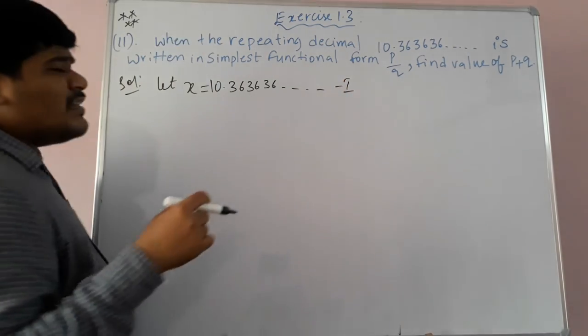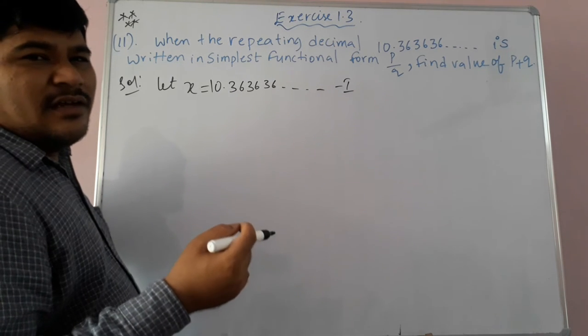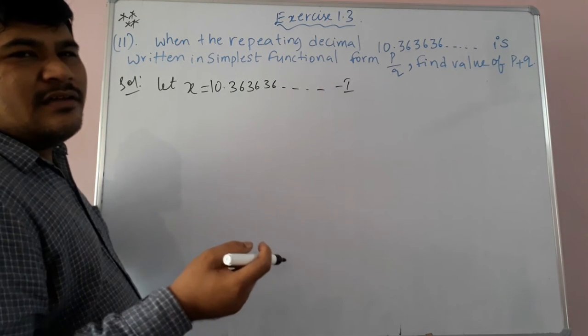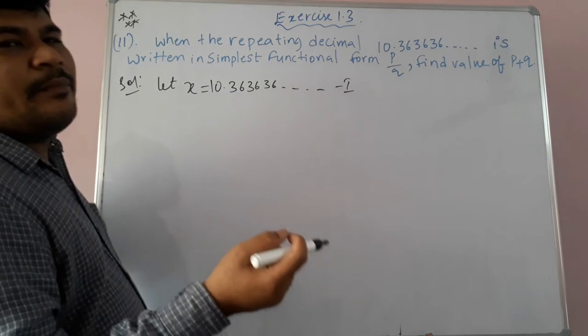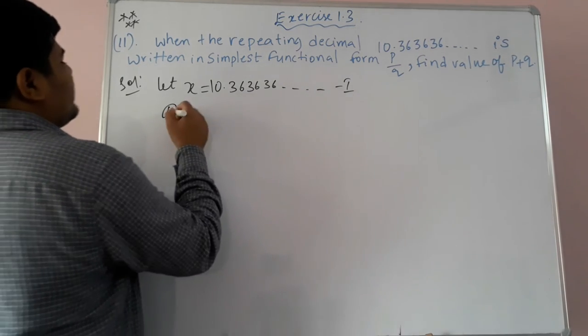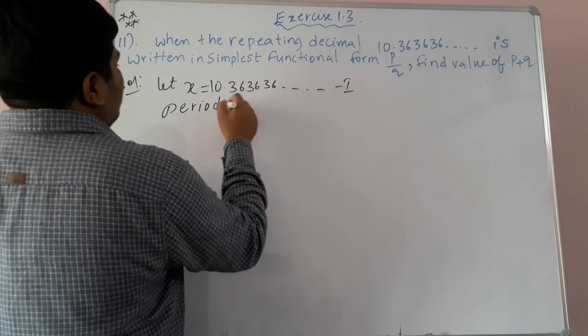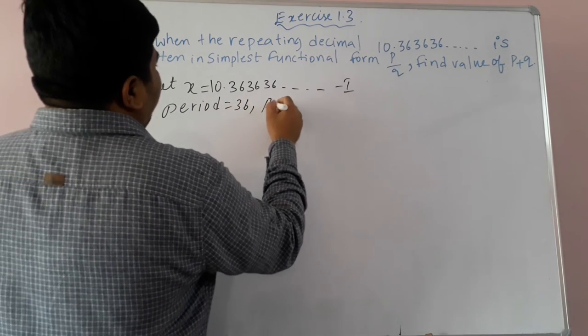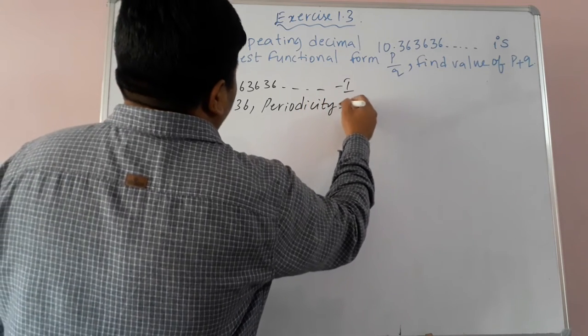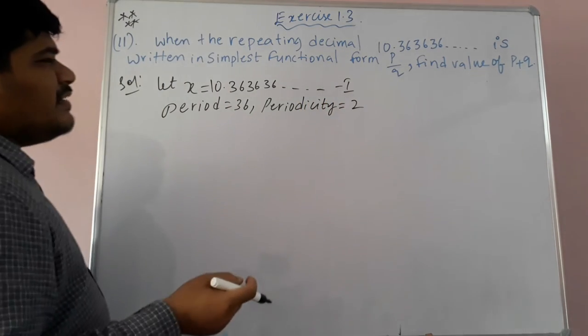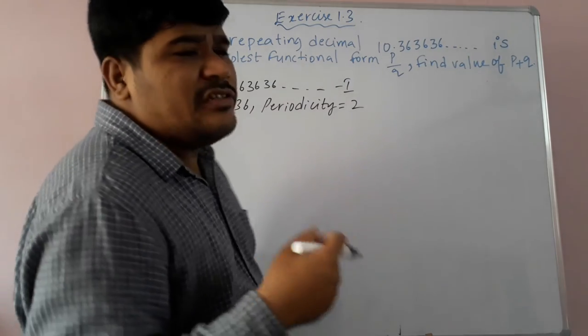Now children, whatever digits are repeating is called the period, and the number of digits repeating is called the periodicity. Okay, so its period is 36 and periodicity is 2. So how many digits are repeating after the decimal point? 2 digits are repeating.